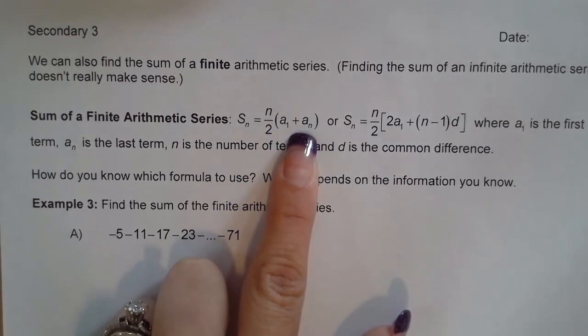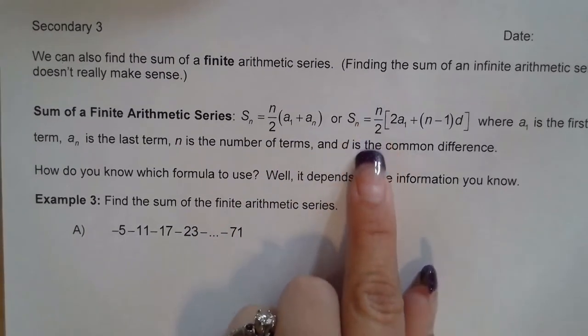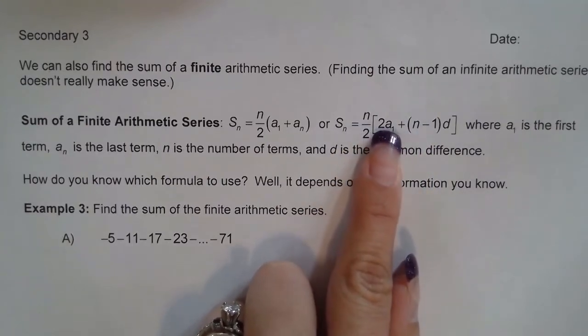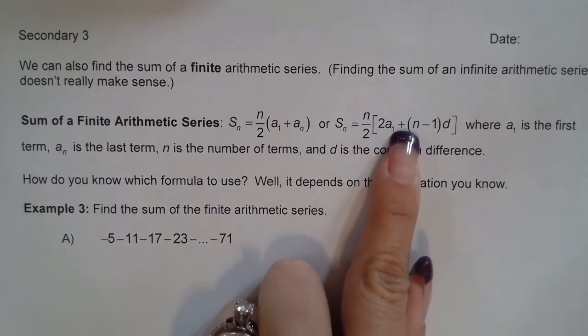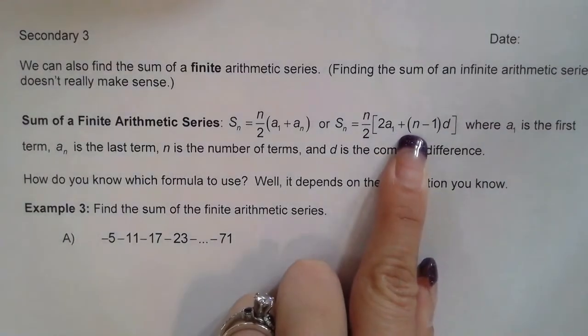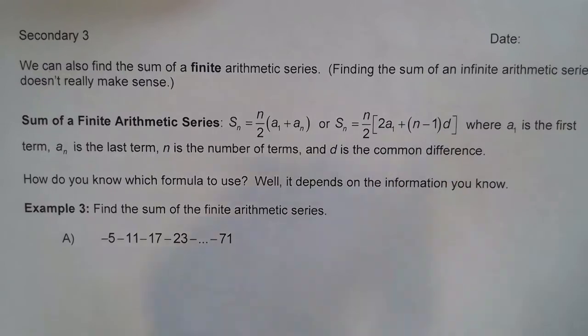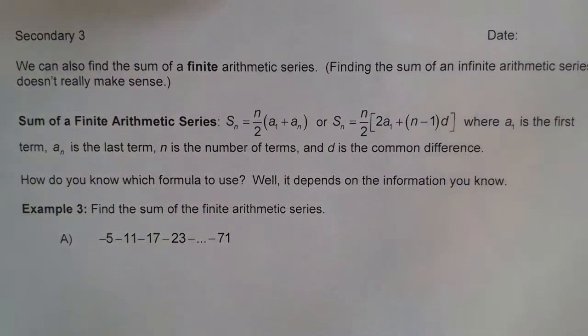Or there's another equation that works very well. It's the number of terms divided by 2 times 2 times the first term plus the number of terms minus 1 times the difference. So you want to make sure you know what these variables mean.